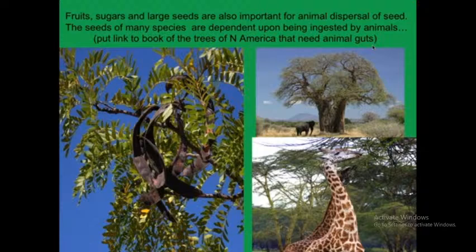I thought it was in one of my earlier webinars, and I can't find it now. There's a book about the species of North America, a lot of tree species that are on decline. They're almost extinct when it comes to the population scale. There are still individuals surviving, but they're the ones that are dependent on going through the gut of an animal.